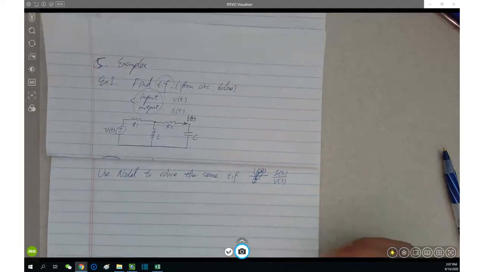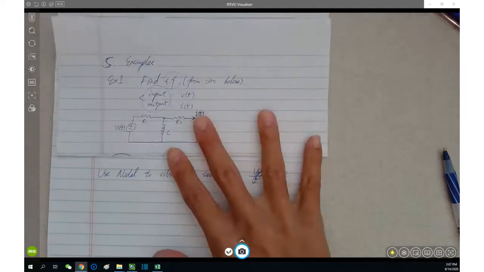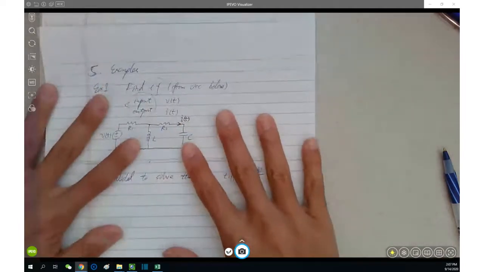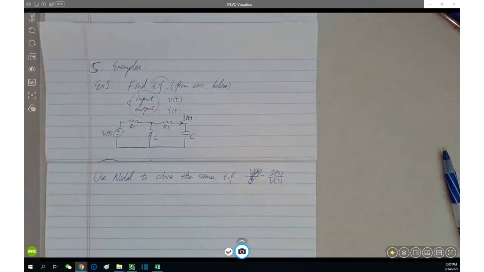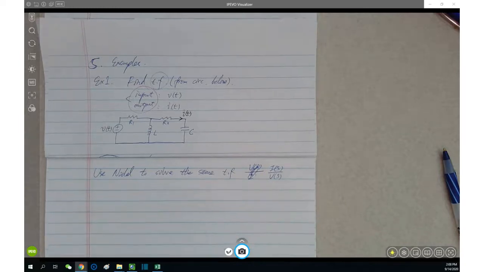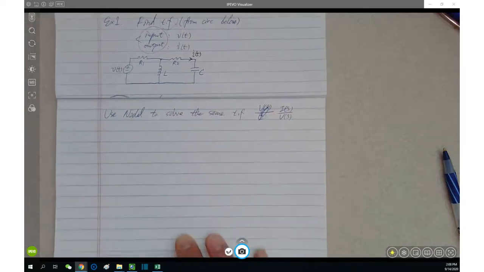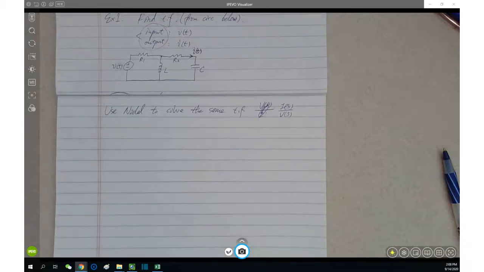Use impedance for everything, and then come up with nodal equations. It's pretty much a little bit of review of 235. Okay, go ahead. I'll give you 5 minutes. Go as far as you can.